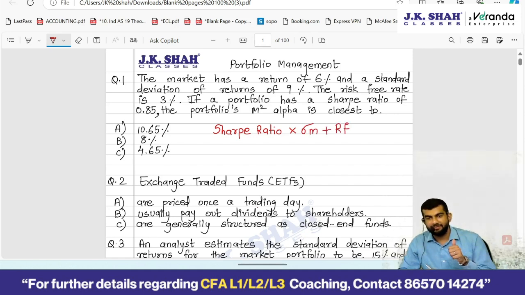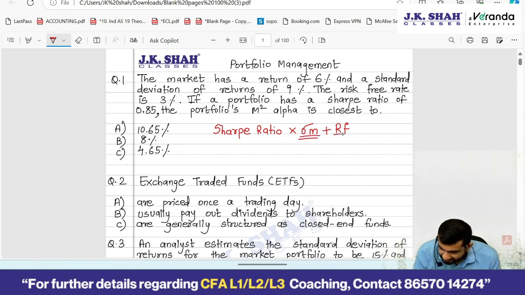Tell me yes or no, risk-free rate is going to be the same for all? Standard deviation of market also is going to be the same for all? Portfolio Sharpe ratio is what is going to differ among the investors. So these two are the common factors among all the investors. So M square is only going to change because of the Sharpe ratio of the portfolio.